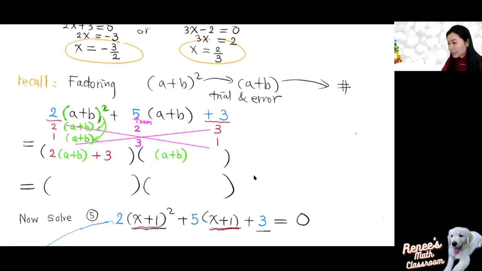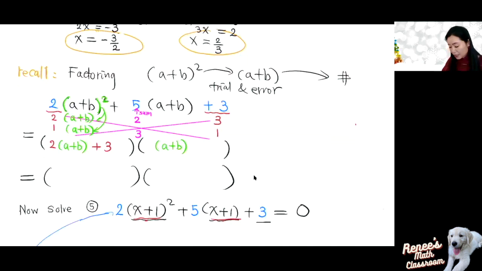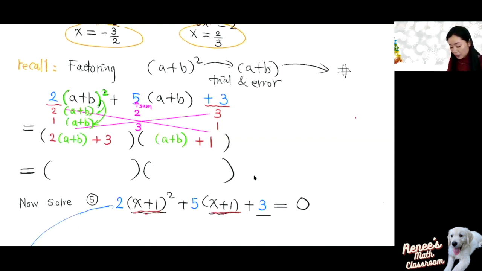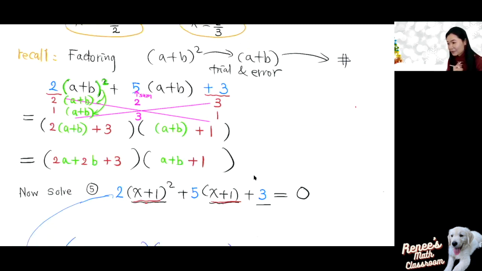You don't even need the parenthesis, because 1 times this is itself, and then plus 1. Now for the homework, they want you to distribute this inside. So you will have 2a plus 2b, and then plus 3, and the other one here is a plus b plus 1. And then you have factored this, okay? So that's how you do factoring. You get it? Remember this, right?